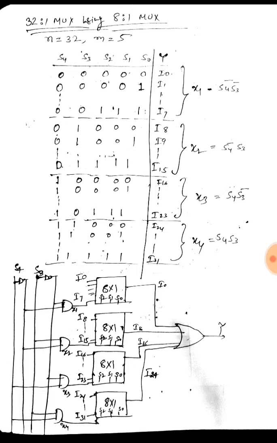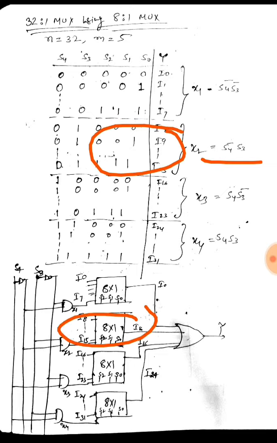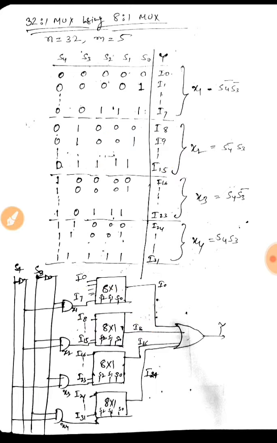Similarly, if I can have this combination S4 bar into S3, I would have my second mux enabled and all these 3 would be disabled. Similarly, I can enable the other 2 using the combinations of S3 and S4.